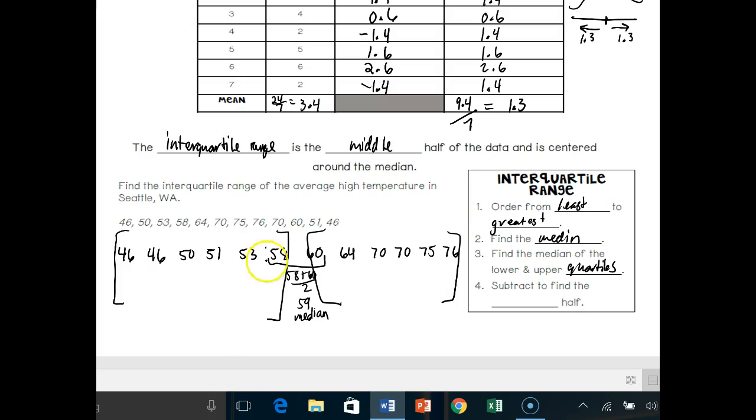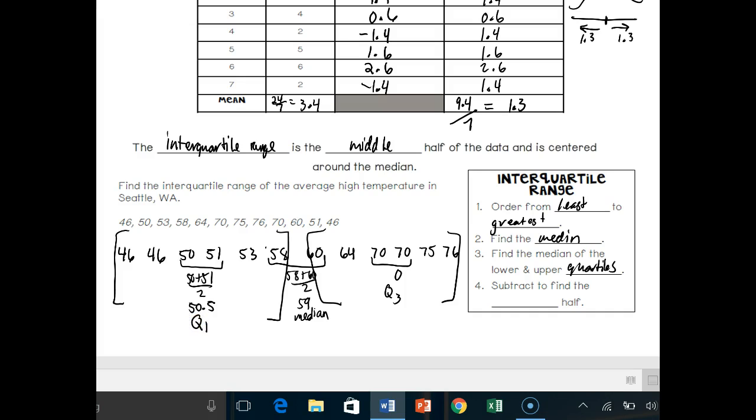Here I have 6, so the median will be in between 50 and 51, and same thing here. I have 6 numbers, so the median will be in between 70 and 70. In this case it's just 70. We call 70 quartile 3, and we call 50 and 51 added together, divided by 2, or 50.5, quartile 1.